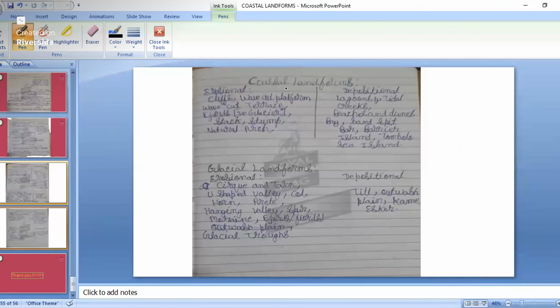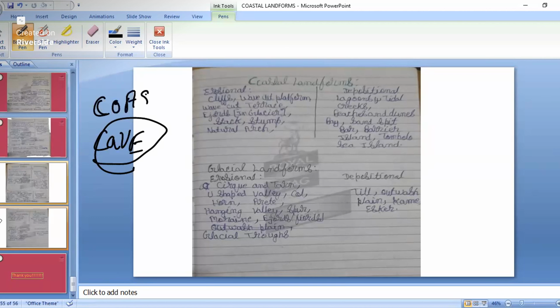In the coastal landforms, in the erosional we have cliffs, wave cut platform, wave cut terrace, fjords, stack, stump, natural arch, and also cave. Don't forget, we have cave formation in coastal also, and also the limestone part, that karst topography.